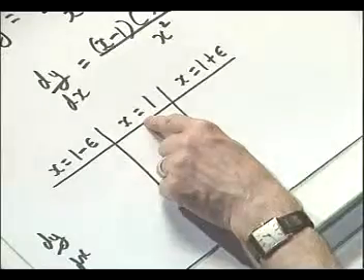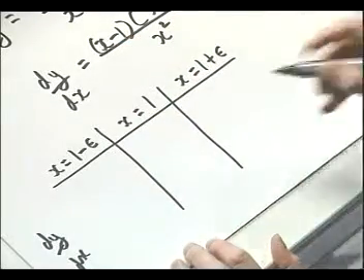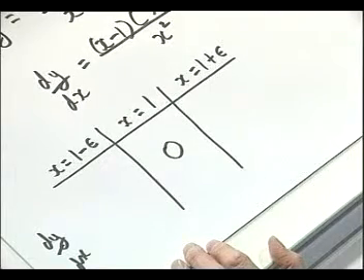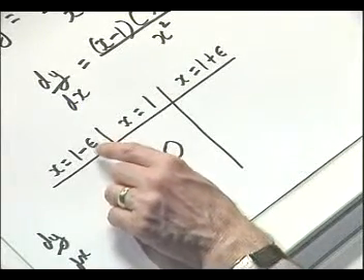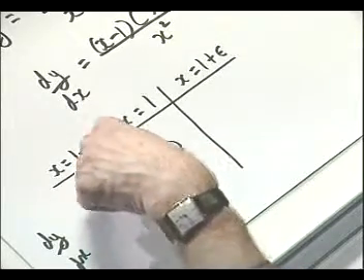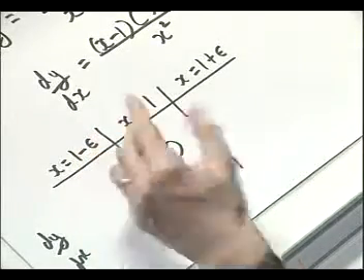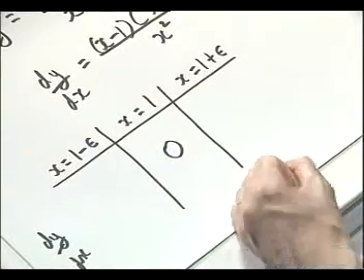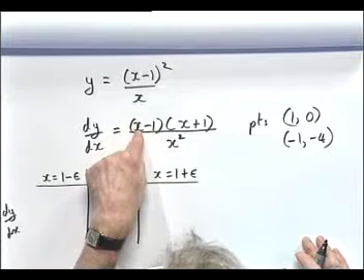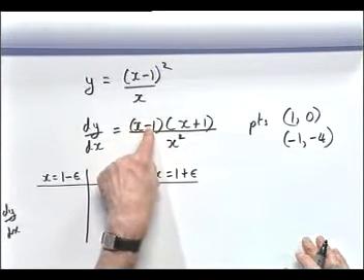I know that when x equals 1, dy by dx is 0. What happens if I am a little bit before x equals 1? x is a little bit less than 1. So I have something a little bit less than 1, and I'm taking 1 away.